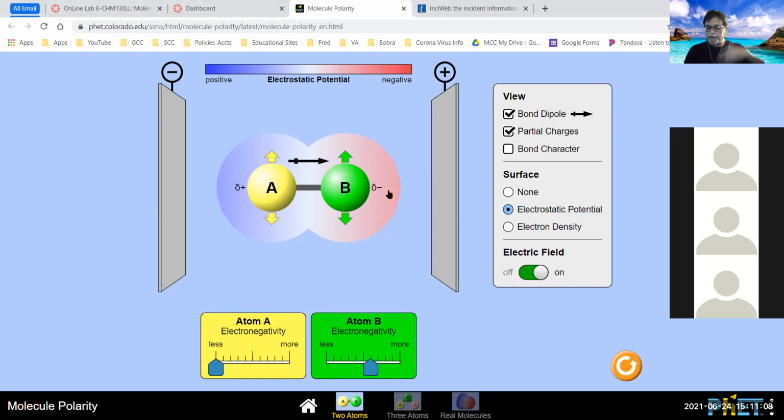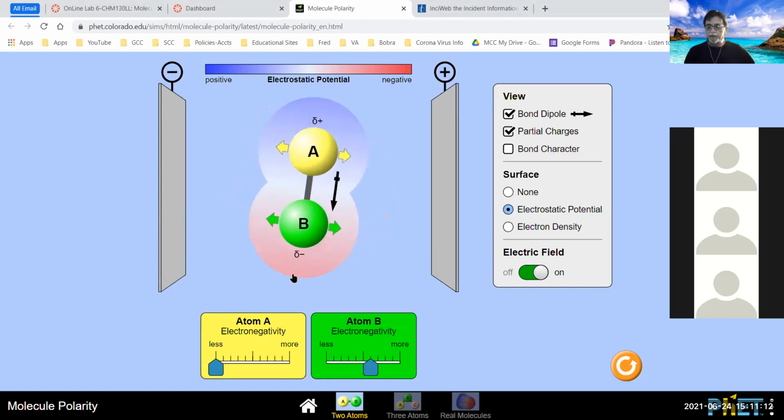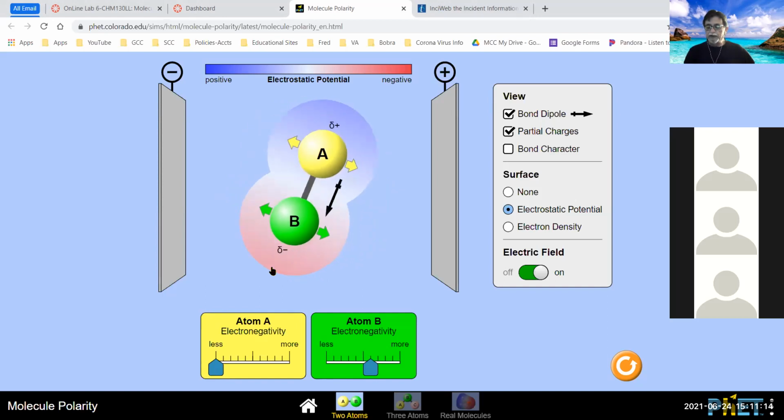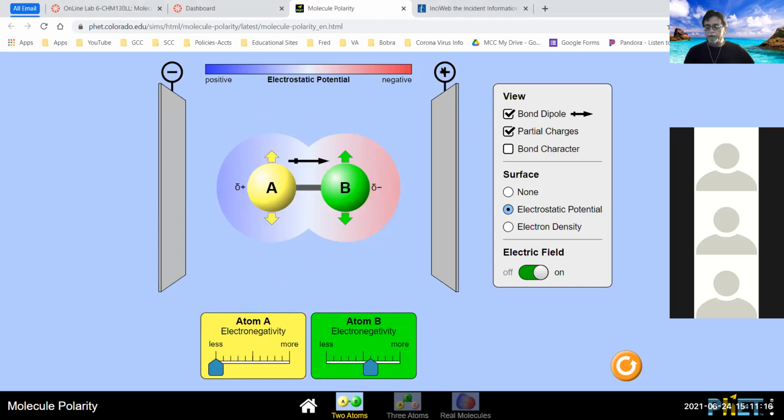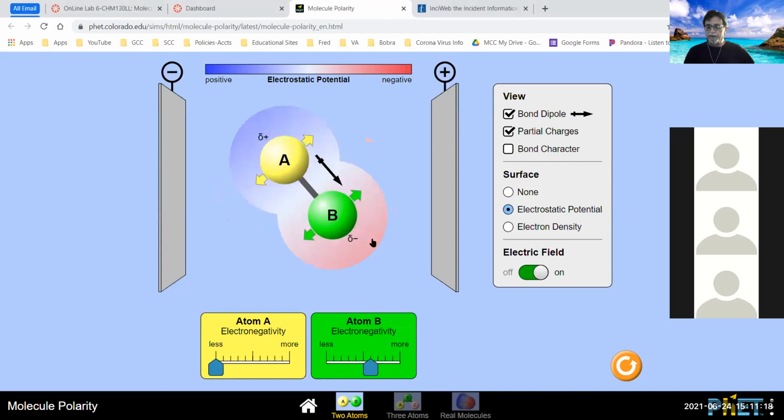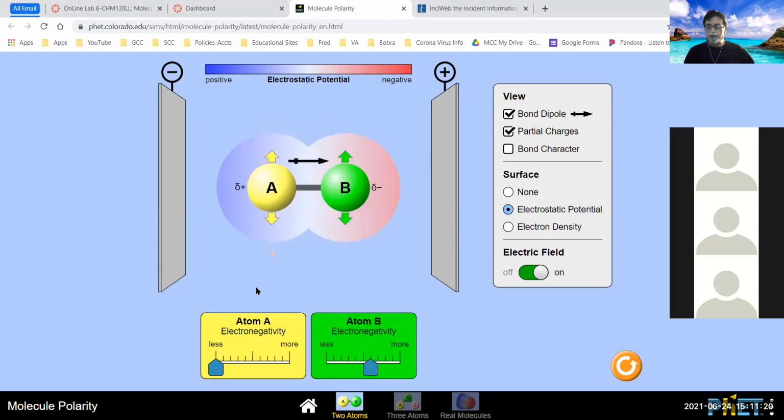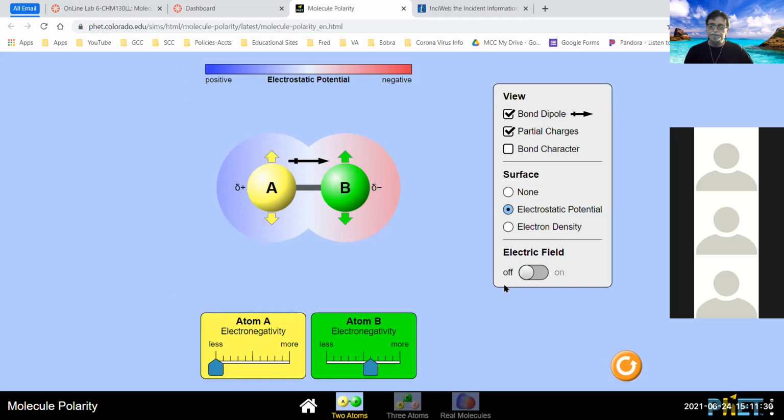It will cause the deflection of the electron because of the charge. Well, when we put that in, the partial negative is going to be attracted to the positive plate, right? And that's why you get it to rotate like that, okay? Because the electron density now is being pulled toward the B. And let me take that off. Okay? And we create a dipole, and we have a dipole area.